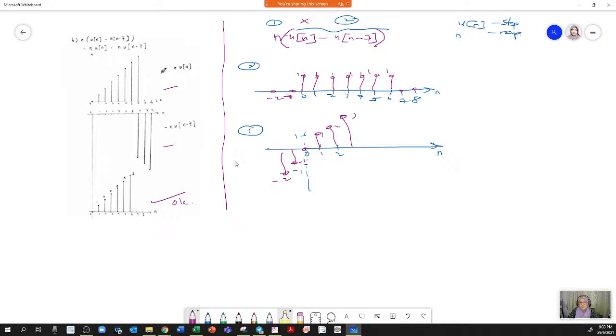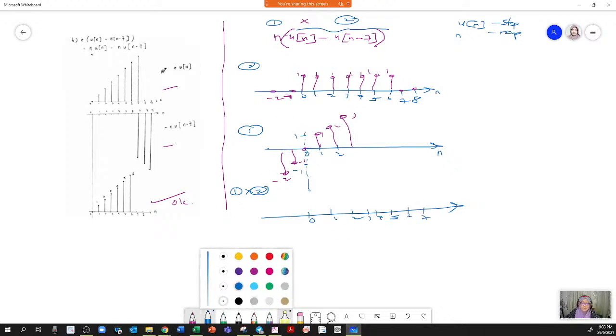So if you see here now, it's very direct. Just multiply signal 1 times signal 2. So you will have 0, 1, 2, 3, 4, 5, 6, and 7. You're going to multiply this. Now you will see that at this point, and at this point, and at this point, all the values are 0.